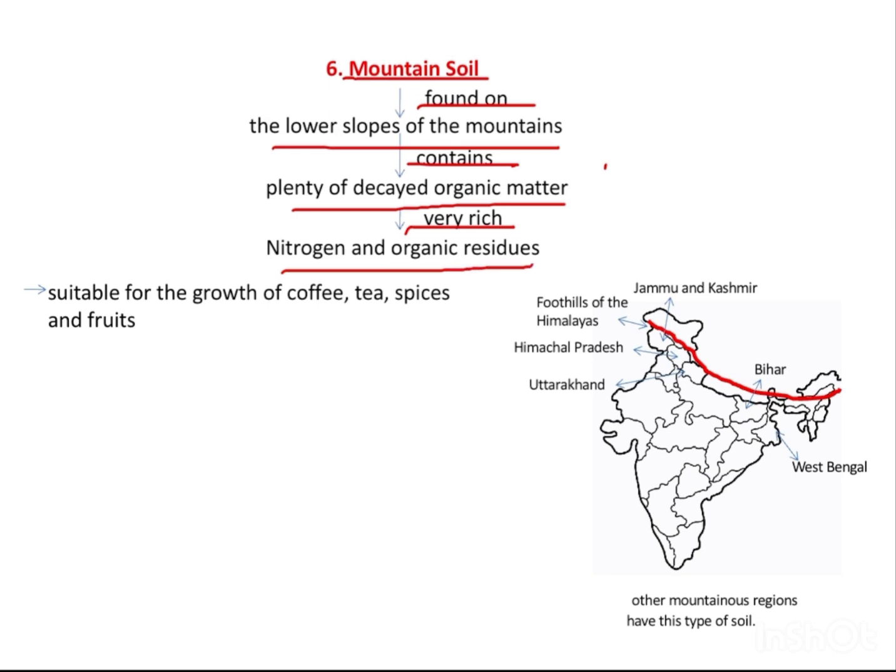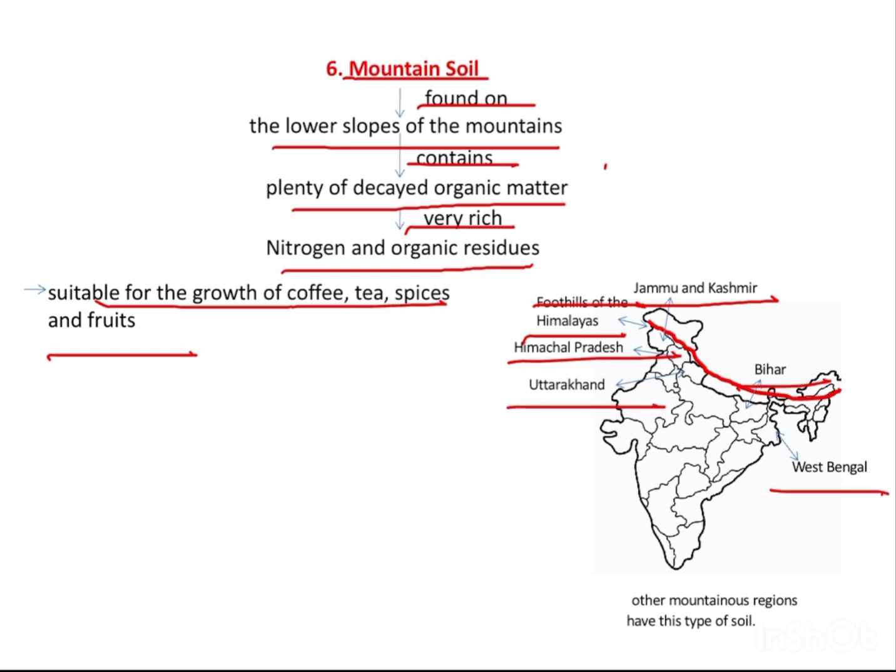It is suitable for the growth of coffee, tea, spices and fruits. The mountain soil is mainly found on the foothills of the Himalayas. The main regions are Jammu and Kashmir, Himachal Pradesh, Uttarakhand, Bihar and West Bengal.